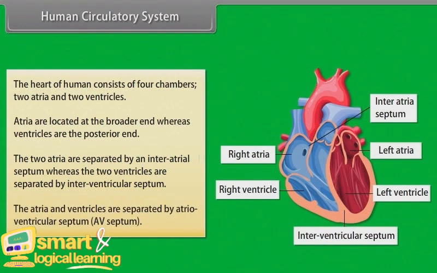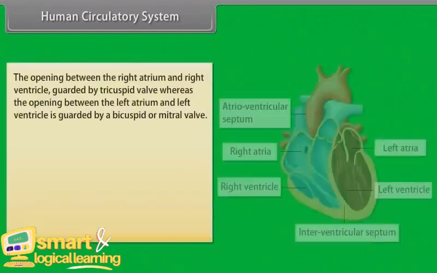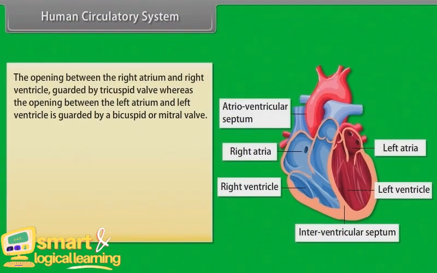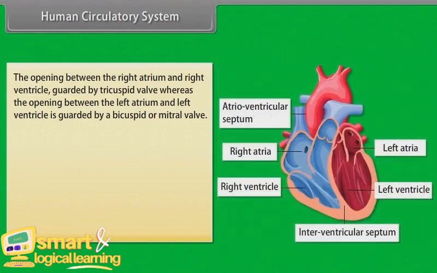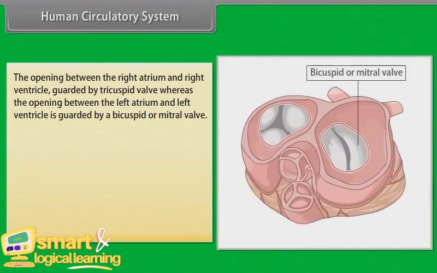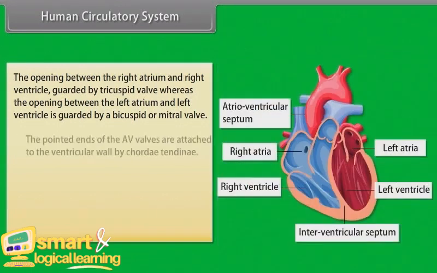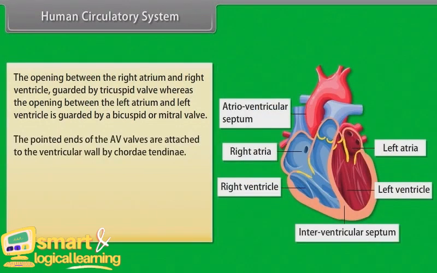The atria and ventricles are separated by atrioventricular septum. The opening between the right atrium and right ventricle is guarded by tricuspid valve, whereas the opening between the left atrium and left ventricle is guarded by bicuspid or mitral valve. The pointed ends of the AV valves are attached to the ventricular wall by chordae tendineae.